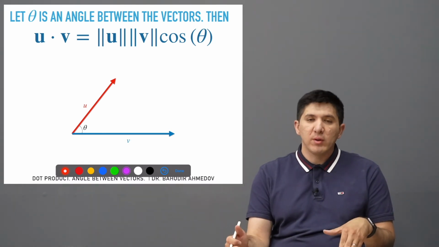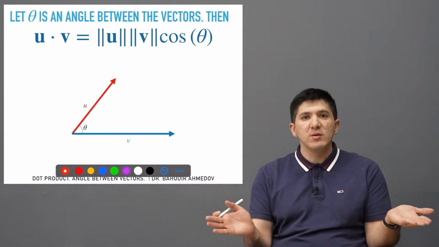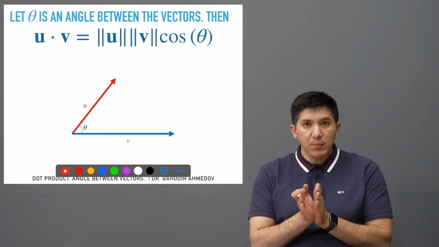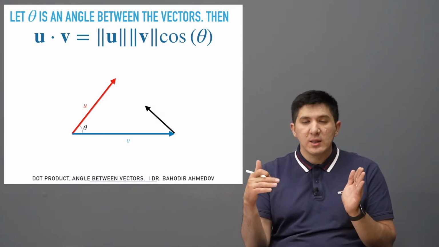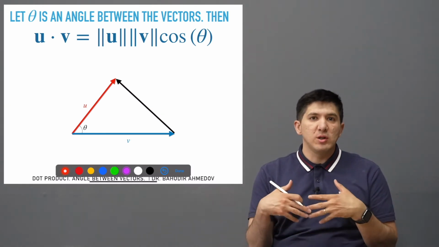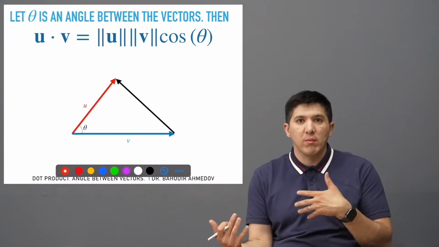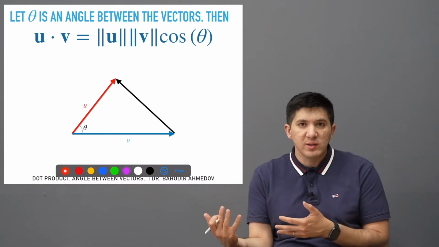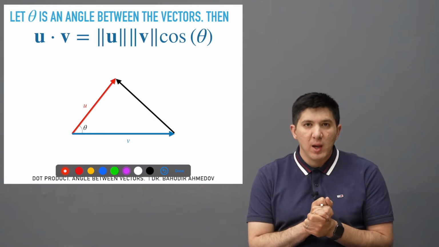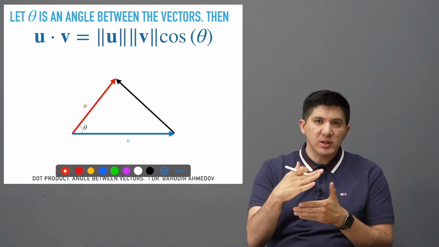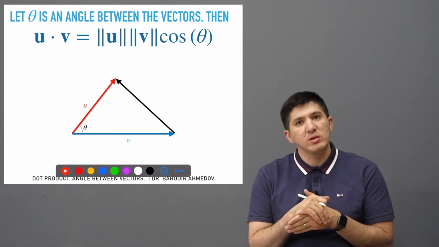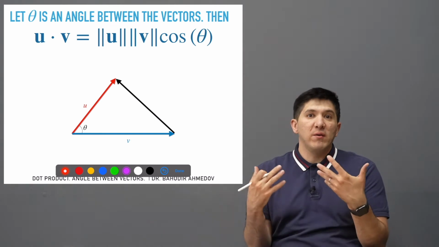If you remember, if you place the two vectors to start from the same point, and then connect their ending points, you get a vector which is obtained by subtracting one of the vectors from the other, either u minus v or v minus u. The direction of this black vector depends on which one is negative.